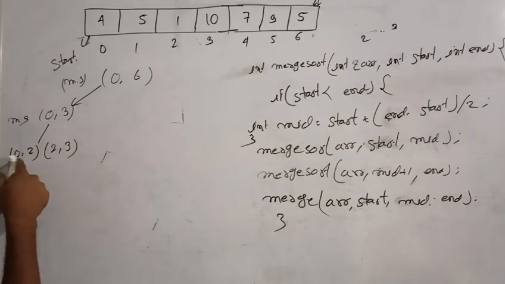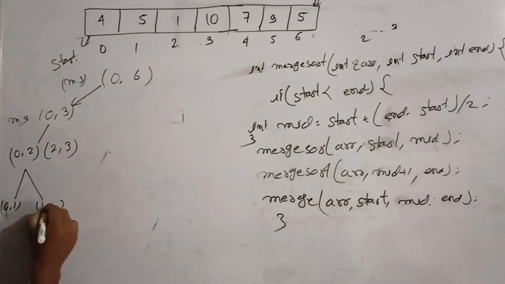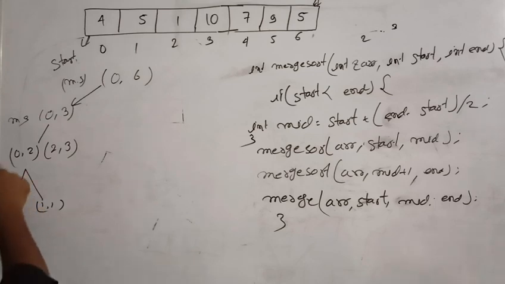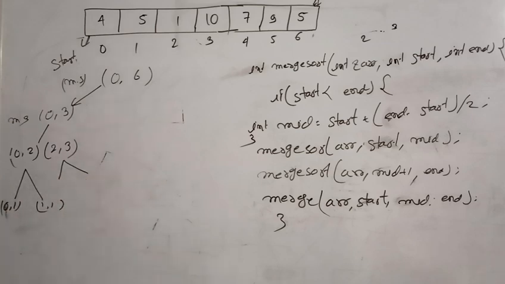Now 0 to 2 becomes starting value 0 and 1, and 1 and 1 indexes. Okay, now this is done, then it will go and this will be called again.